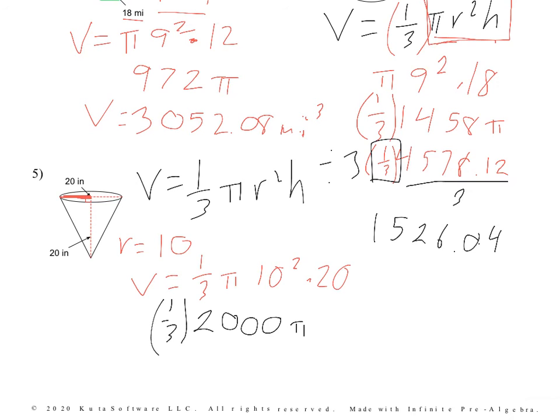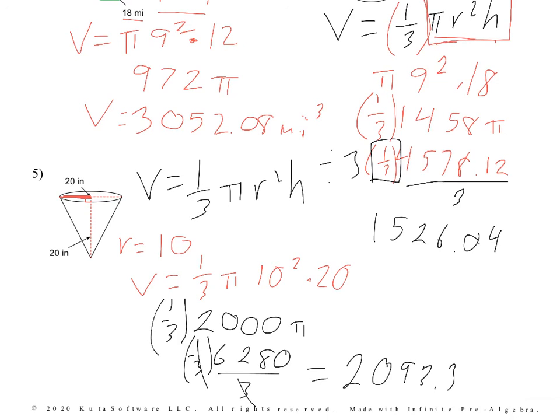So 2,000 times 3.14 is 6,280. And then times by a third, or divide by 3. We're just going to think divide by 3. So this equals 2,093.3.